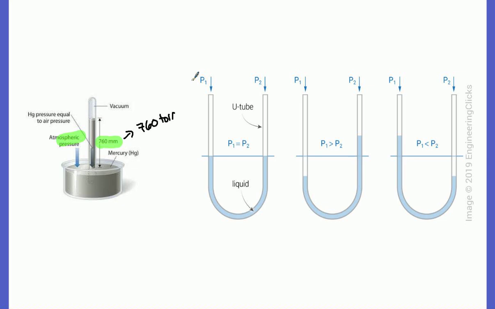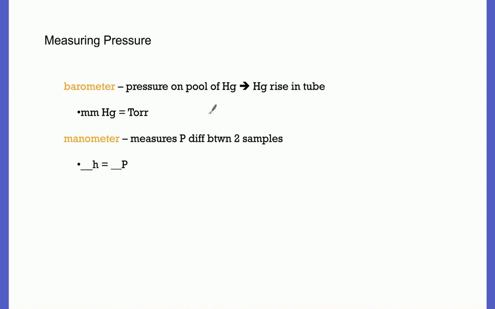The mercury wouldn't climb as high because our atmospheric pressure wouldn't push as hard on the pool of mercury outside of the system. So again, literally we're measuring mercury in millimeters, and it gave us this unit torr. Otherwise, that's a barometer. Millimeters mercury is the same thing as torr, so we use torr as that pressure unit.